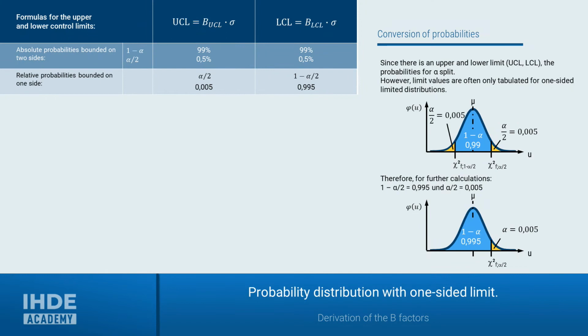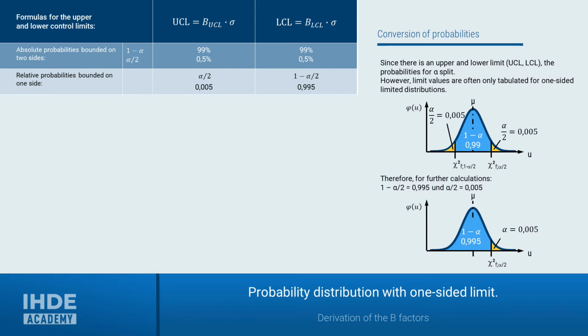Since there is an upper and a lower limit, the values outside the limits are divided into alpha halves. For distributions such as the normal distribution or the chi-square distribution used here, these limits are only listed in tables for one-sided limits. Therefore, this transposition must first take place to a one-sided limit.